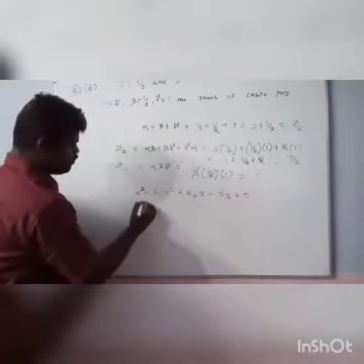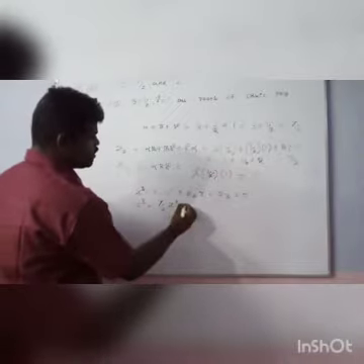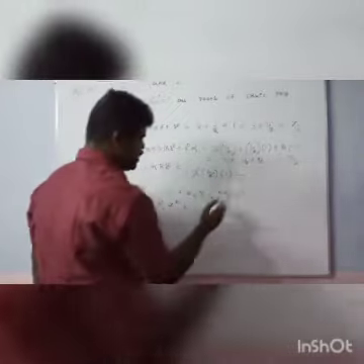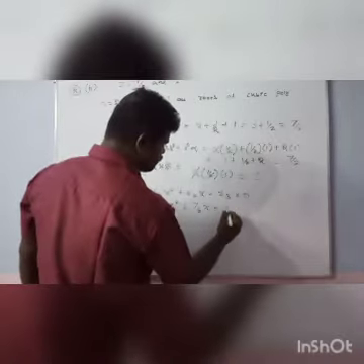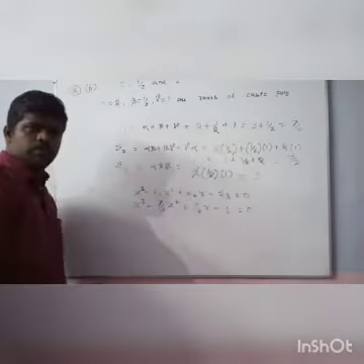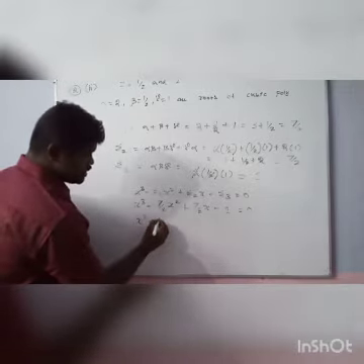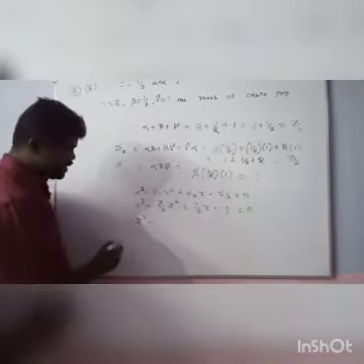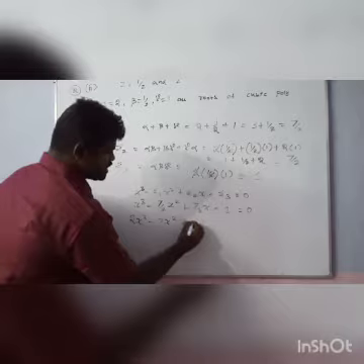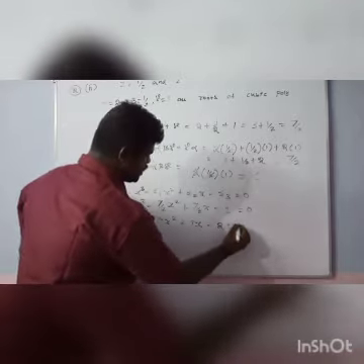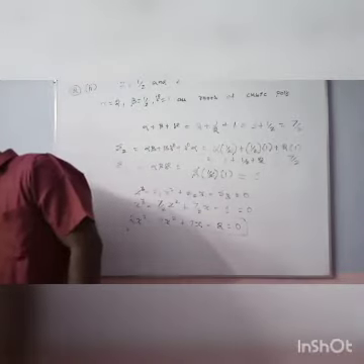Now x cube minus summation 1 means 7 by 2 x square, plus summation 2, which is also 7 by 2, x, minus summation 3, which is 1, equal to 0. We multiply by 2 on both sides. So 2x cube minus 7x square plus 7x minus 2 equal to 0. So this is the required cubic polynomial.